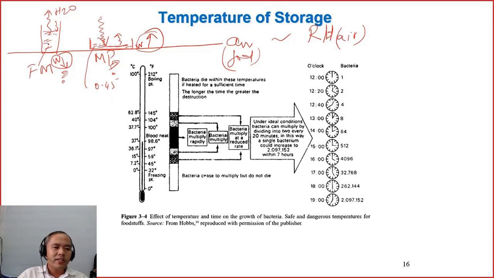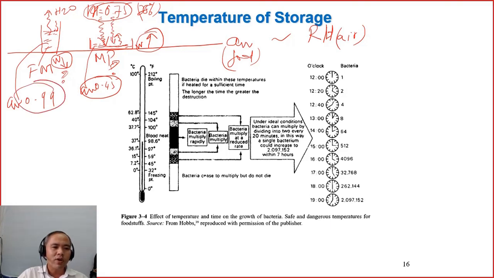Water activity of fresh milk is 0.99 because there is a lot of free water. Relative humidity of the air may be 0.75 or 75%, in both cases. Here you see that the relative humidity is higher than the water activity of the product, so the vapor is absorbed more into the product. Here, the water activity is higher, so the water evaporates more to the environment.